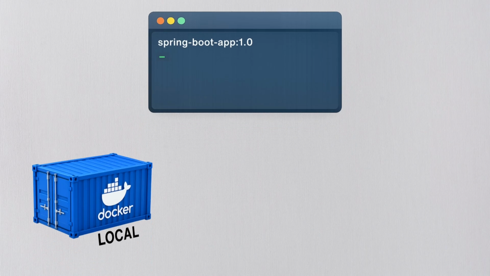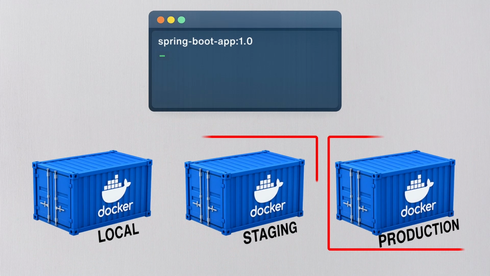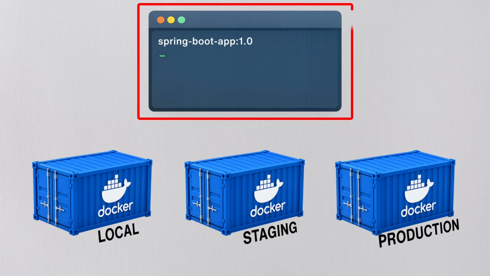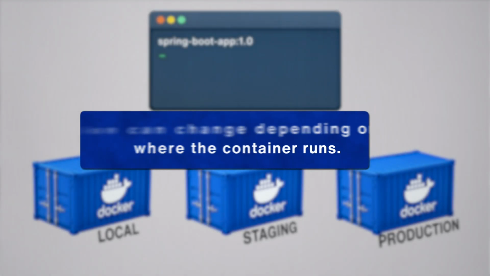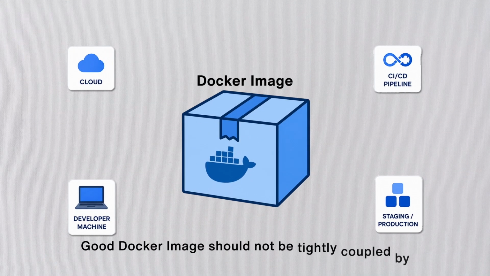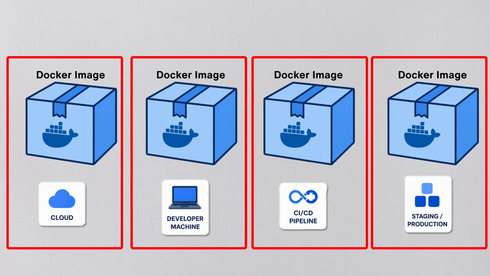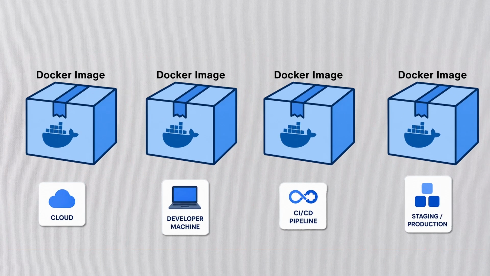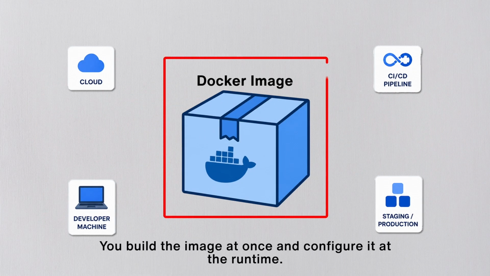Then you can run multiple containers from the same image, one locally, one in staging, one in production. The image stays the same. The configuration can change depending on where the container runs. That distinction is very important. A good Docker image should not be tightly coupled to one environment. You shouldn't need one image for local, one image for staging, and another image for production. Instead, you build the image once and configure it at runtime.